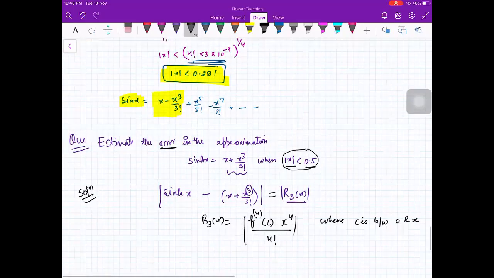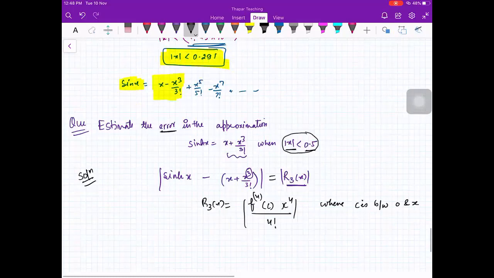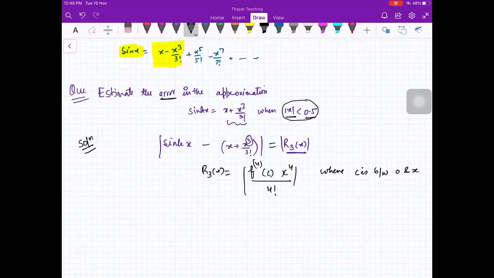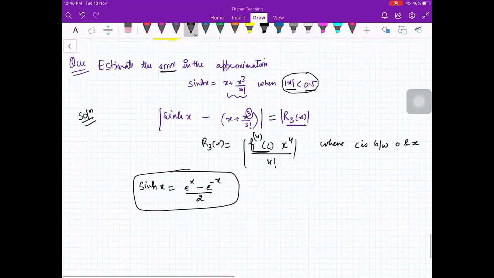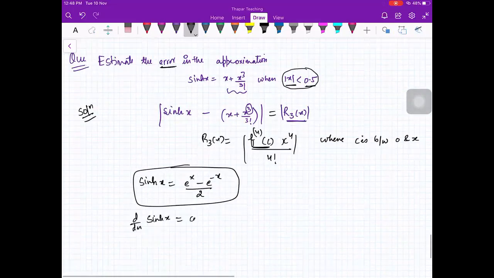Okay. Now, you know what is sin hyperbolic x? Because we need to compute the fourth derivative. Sin hyperbolic x is e raised power x minus e raised power minus x by 2. This is a definition. If you compute the derivative, sin hyperbolic derivative is cos hyperbolic x and cos hyperbolic derivative is sin hyperbolic x.